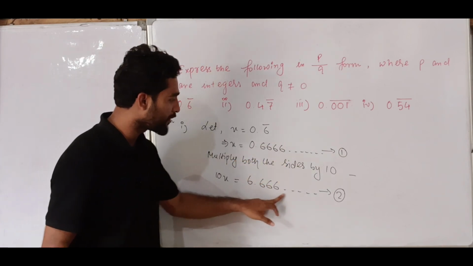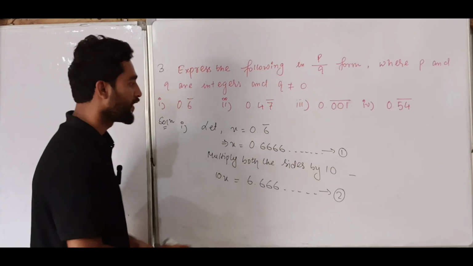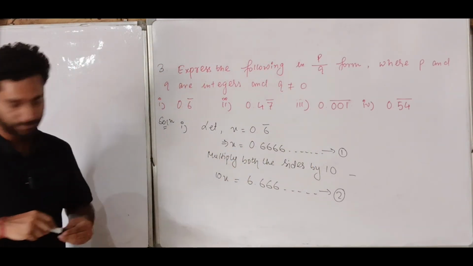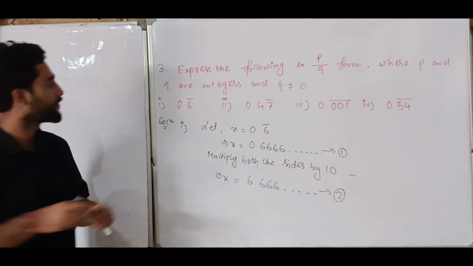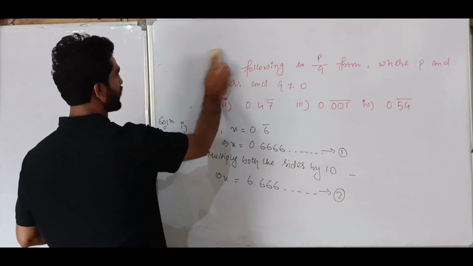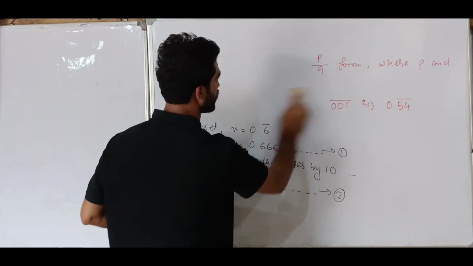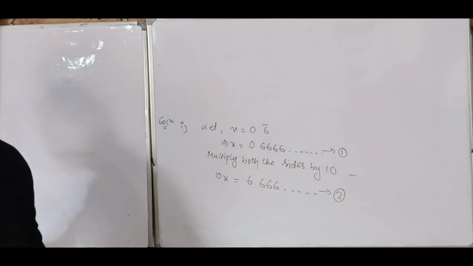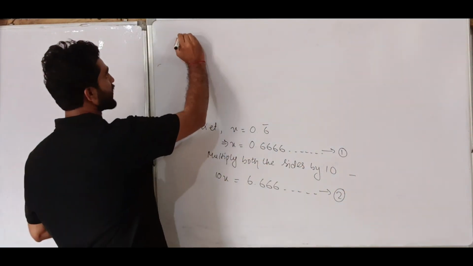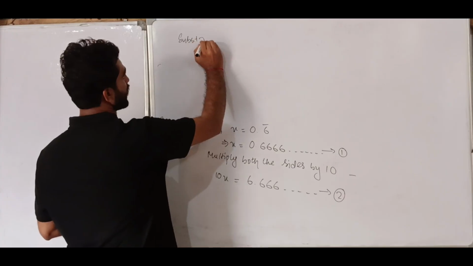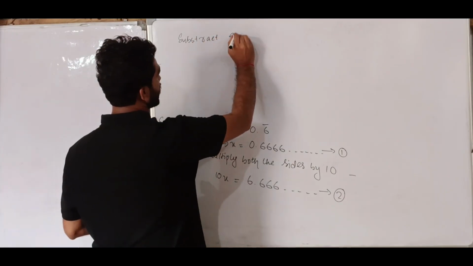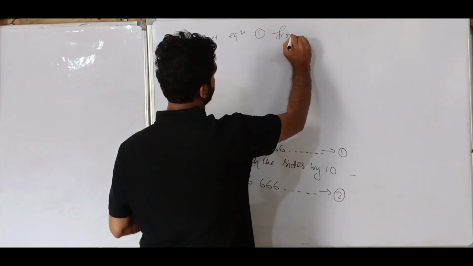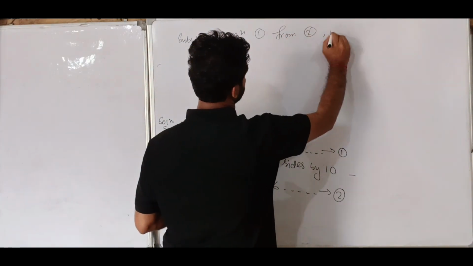Here also after the decimal point the digits are same. Now subtract equation 1 from 2.